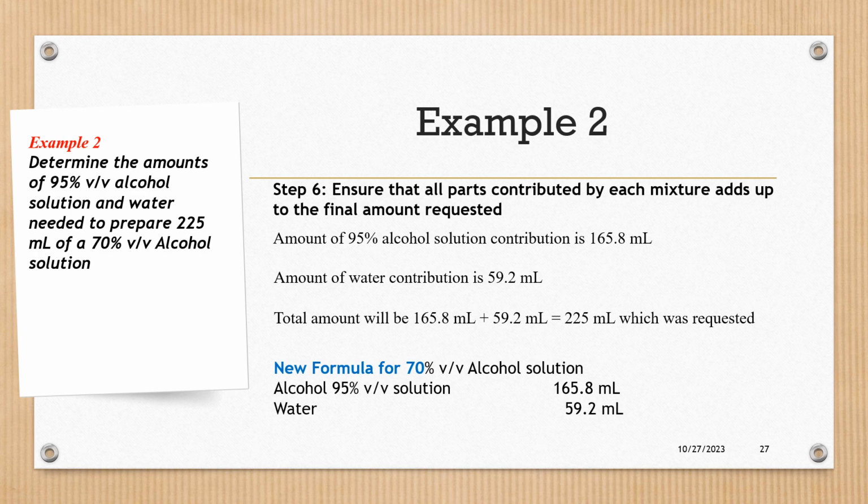And this is what your new formula for your 70% alcohol volume in volume will look like. So alcohol 95% volume in volume solution, and that is 165.8 mL. And the amount of water that will be added is 59.2 mL.